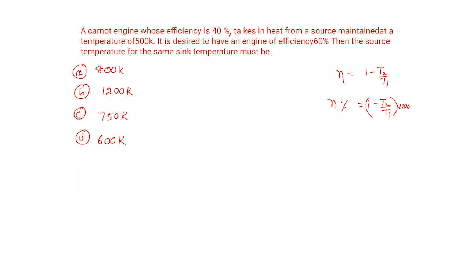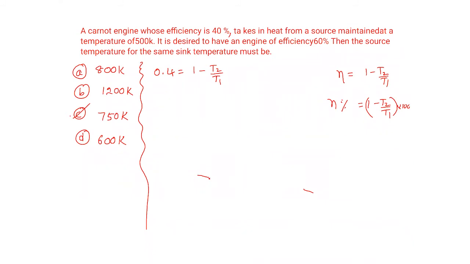Many have replied correctly. The correct answer is 750 Kelvin. Initially 0.4 equals 1 minus T2 by T1. They gave the source temperature of 500 Kelvin.